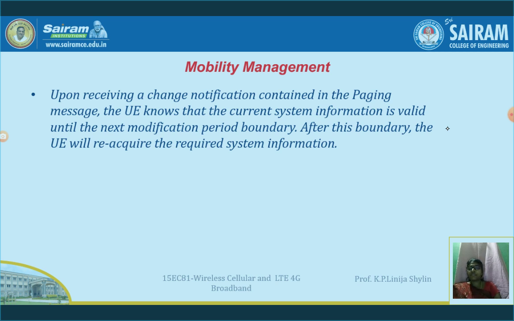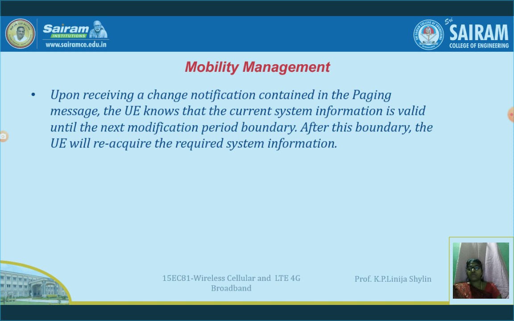Here the paging information is transferred by the physical downlink shared channel. The user equipment is configured to decode the physical downlink control channel with CRC scrambled. In the downlink channel processing itself, we discussed the CRC scrambling.